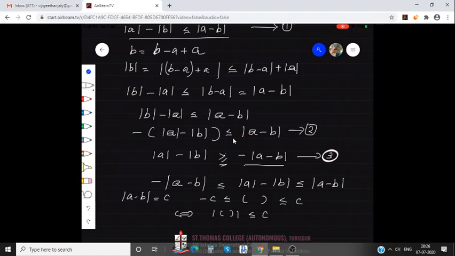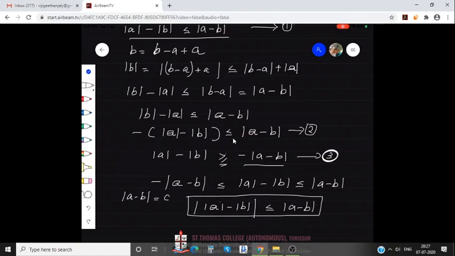Here the something is the middle one. The absolute value of a minus the absolute value of b is less than or equal to c means the absolute value of a minus b. This is what we have to prove. This is the first result of our corollary.